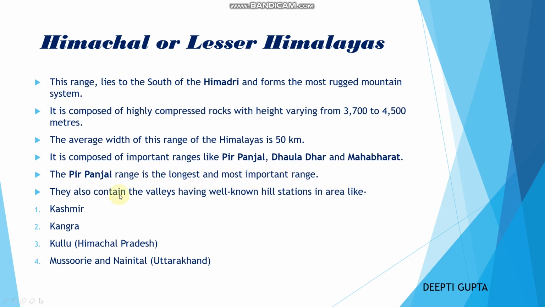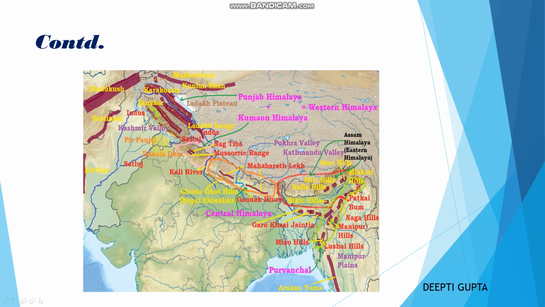It also contains some important valleys and well-known hill stations like Kashmir, Kangra, Kullu in Himachal Pradesh, and Mussoorie and Nainital in Uttarakhand. Here you can see that this upper portion is called the Inner Himalayas or Himadri.